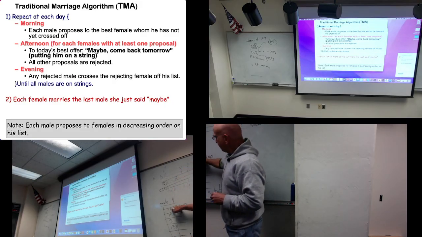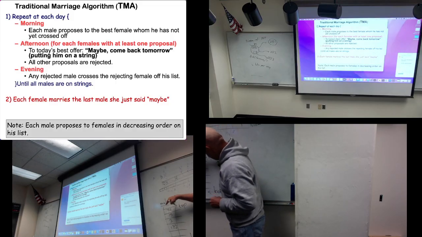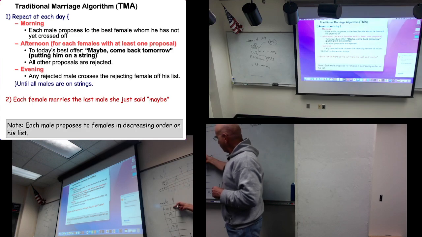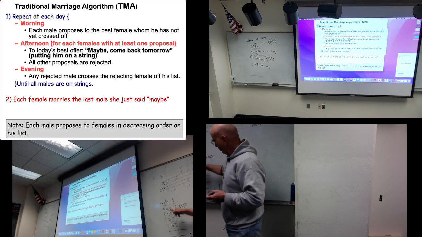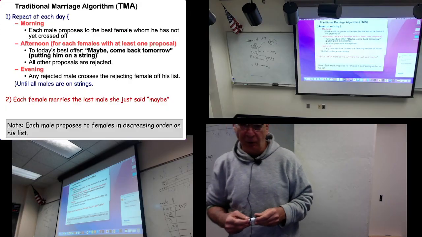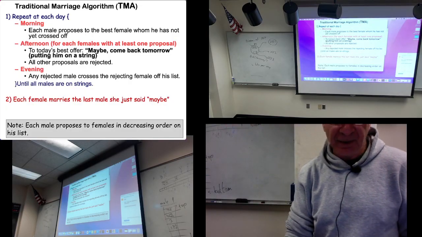Here is the first day. He will make a proposal to 17. She rejects him. Maybe 17 is very popular, has a lot of other proposals on the very same day. Next day, he will propose to 19. If she rejects him, next day he will make a proposal to 3, and so on.